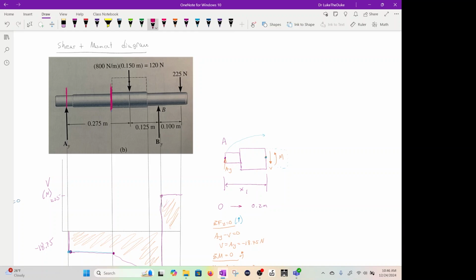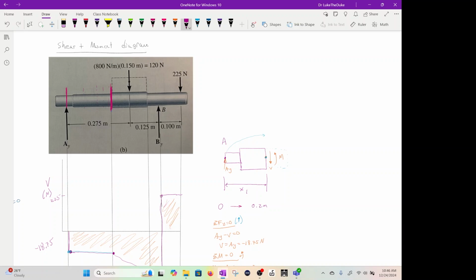And we're looking at that section. We're going to look at what the shear and the moment is here, and all the way to point 2. Does that make sense?